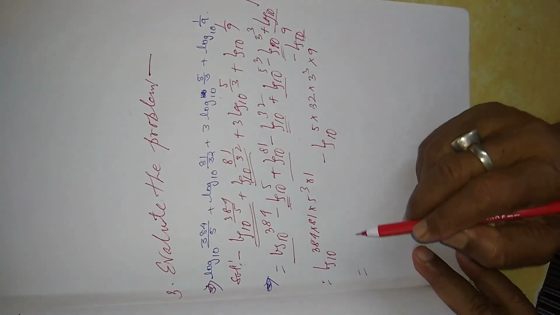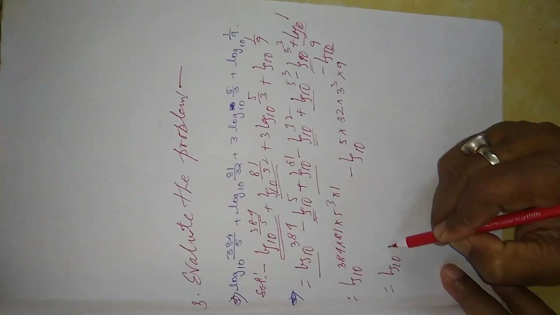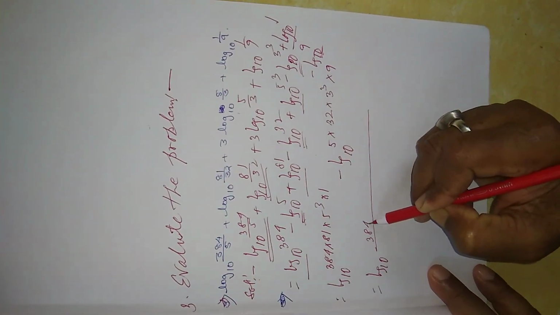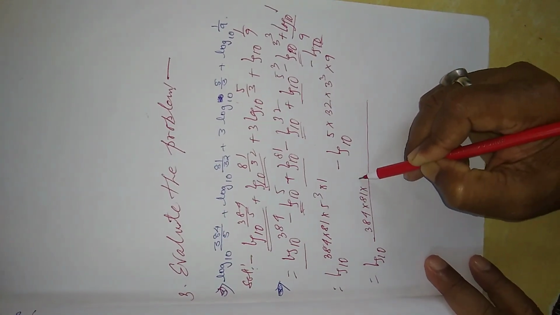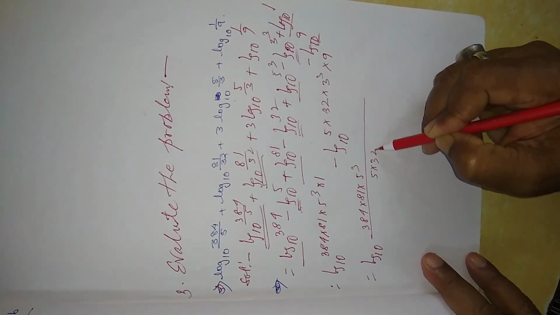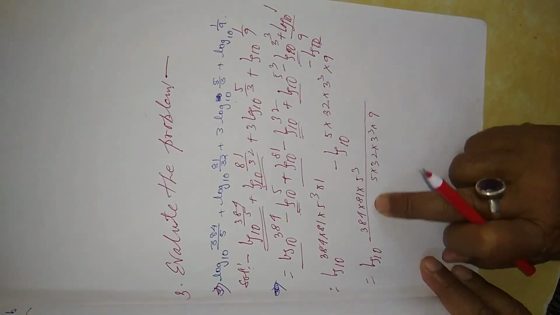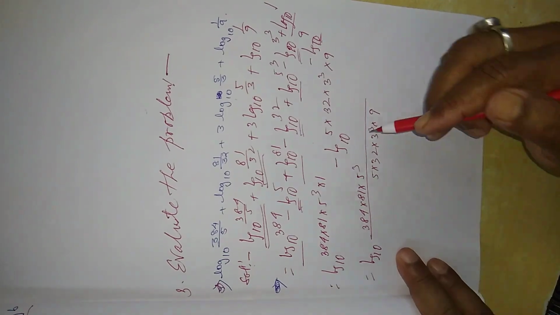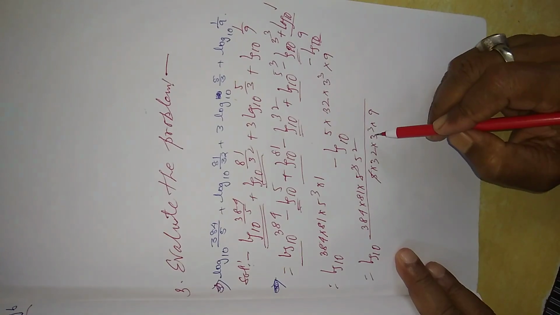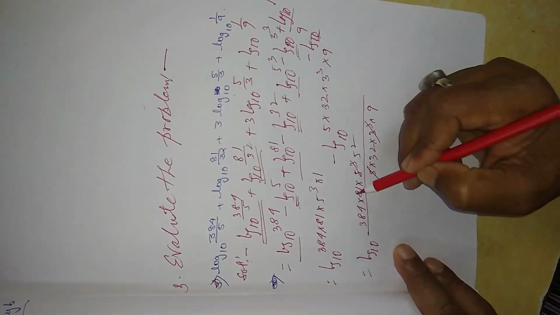Log m minus log n, that is log m by n. So log of 384 into 81 into 5 cube by 5 into 32 into 3 cube into 9. And I am writing here, for your convenience, that is 5 square clearly. 3 cube is 27, 3 cube is 27 into 81.